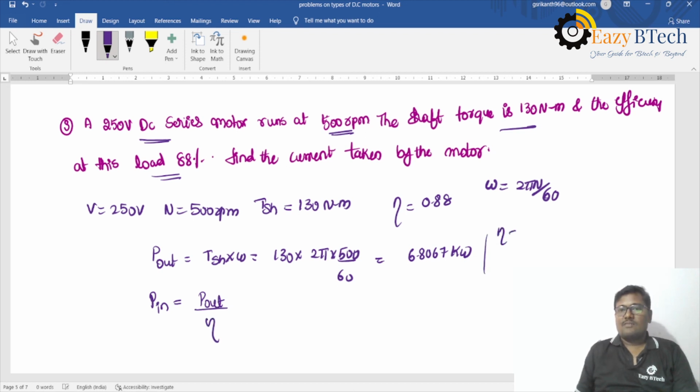If you want to calculate the power input, it is power output divided by efficiency, because efficiency is equal to output power by input power. So I get 6.8067 divided by 0.88, then 7.7349 kilowatts.